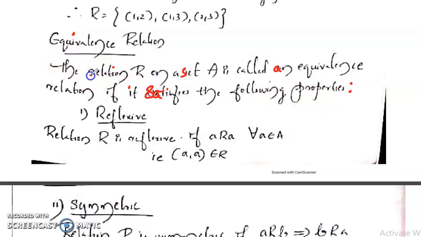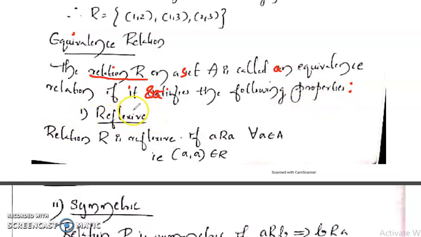We learned what a relation is in the previous definition, binary relation we learned. Here we are going to learn equivalence relation. A relation capital R on a set A is called an equivalence relation if it satisfies the following properties.